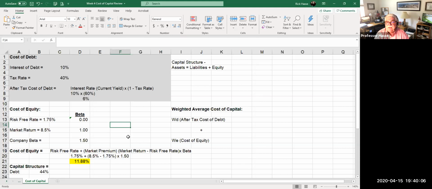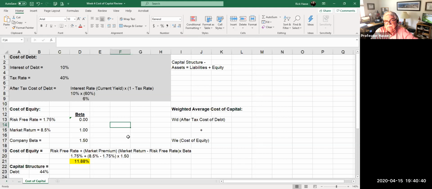That is the interest rate, or another way of putting it, the current yield on their debt, times 1 minus the company's tax rate. The tax rate is 40%. That means 1 minus 40% is 60%. Their company's after-tax cost of debt is 10% times 60%, or 6%.